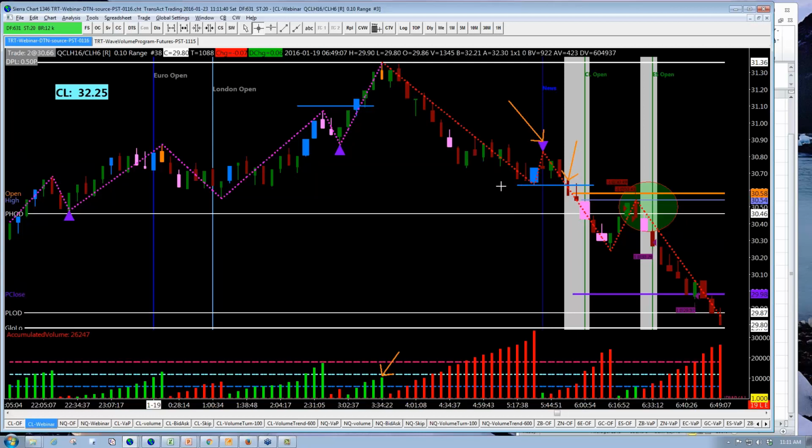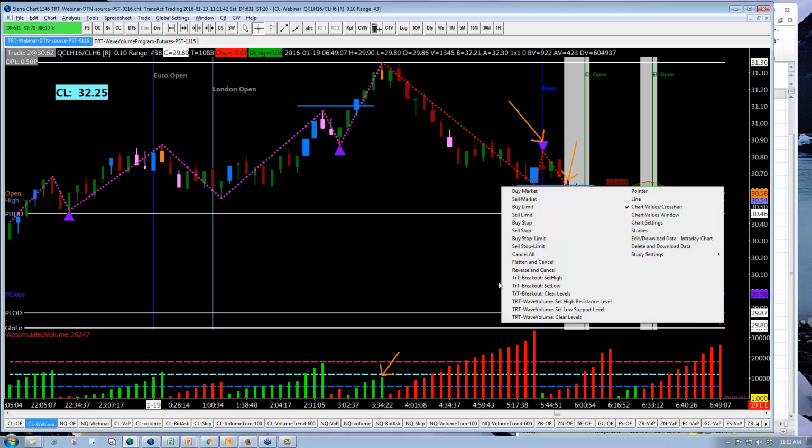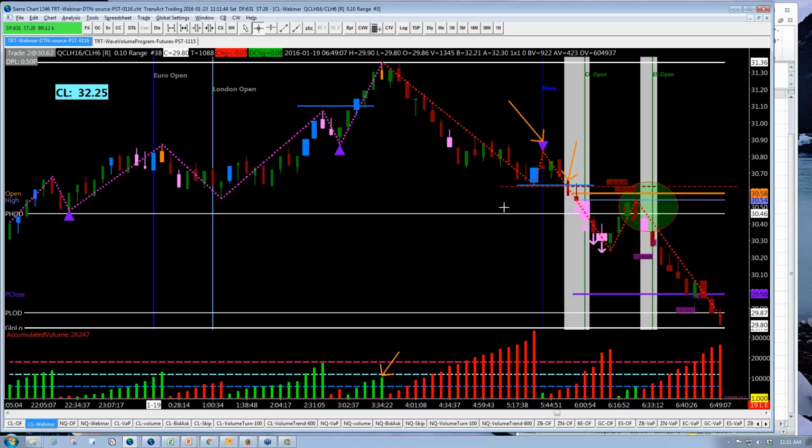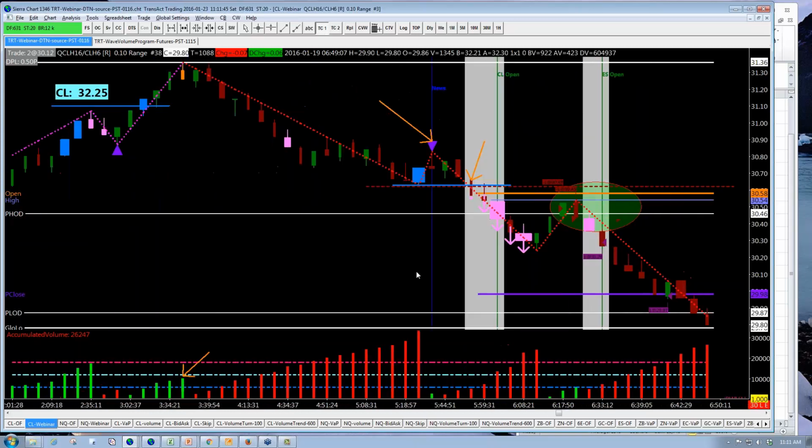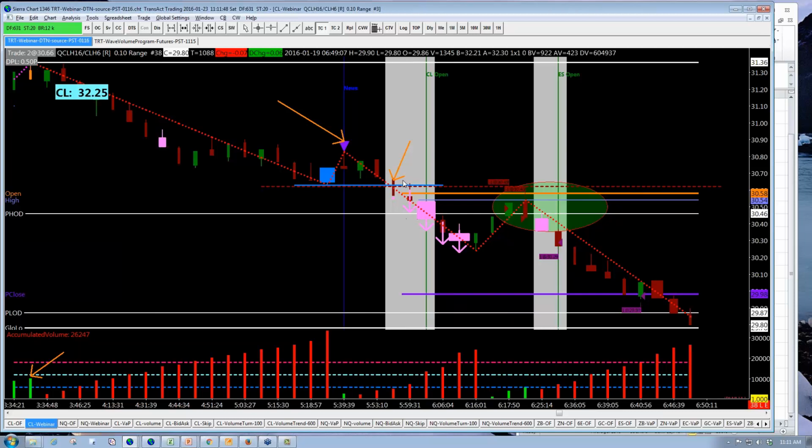In fact, you can set the breakout, and then you'll get these arrows. By setting the breakout, you can see I'm getting this pink arrow right there. It's actually 1 bar sooner than the big selling you see there.